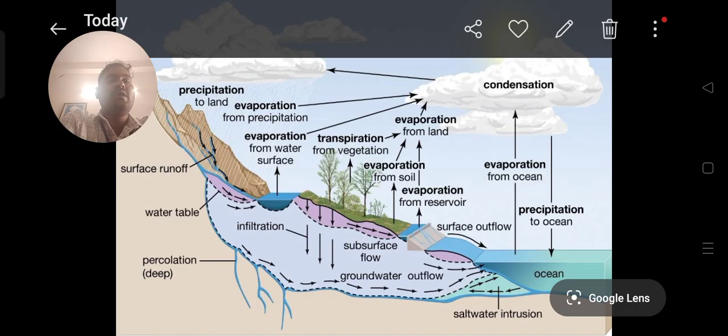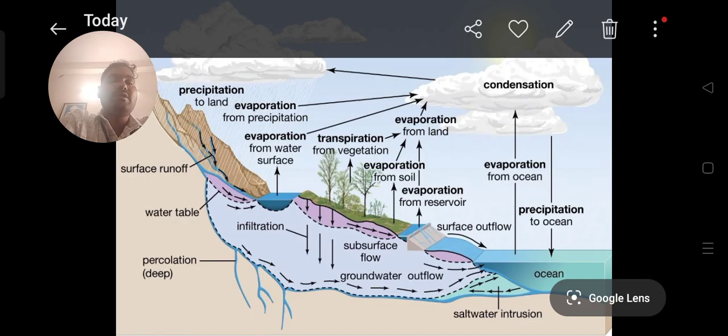What is meant by condensation? Condensation means that particles come together and finally form a cloud. Not only is water evaporated from the water bodies, but also from the soil, and from the leaves and roots of trees. Water evaporated from the leaves or roots of trees we can call evapotranspiration.